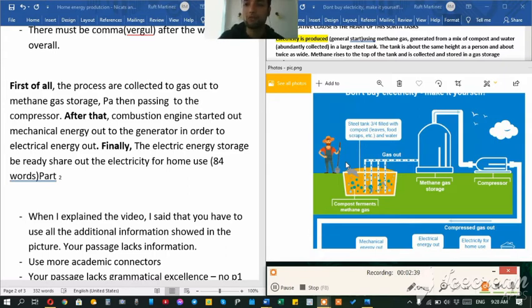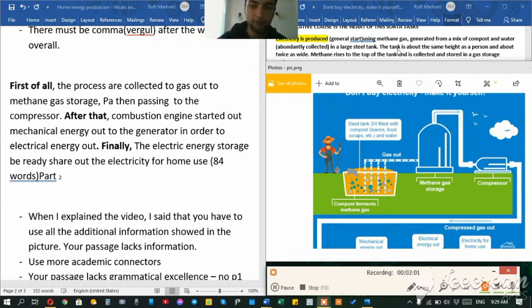Generated from, I have P2. Don't forget, generated from a mix of, or I could say which is generated from a mix of compass. But I told you before, instead of using a relative clause, it is better to use P2 if it's possible. P2 is a passive form of relative clause.